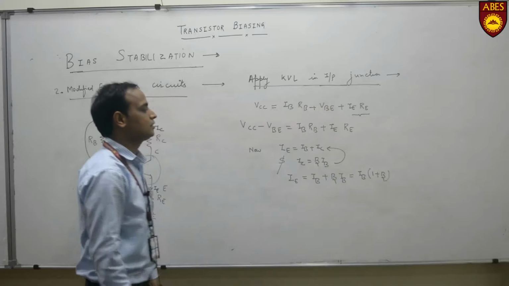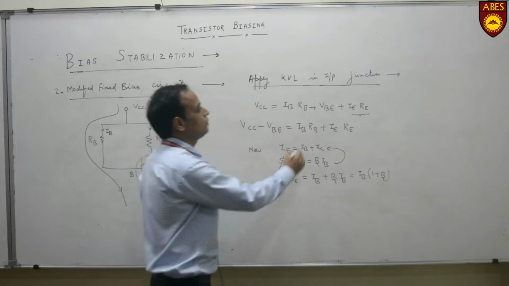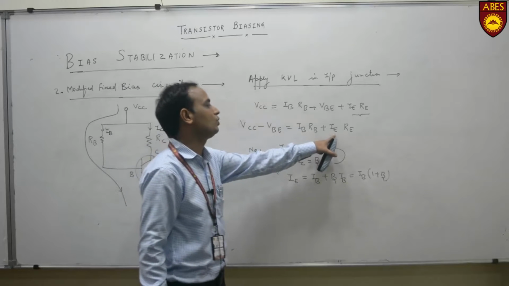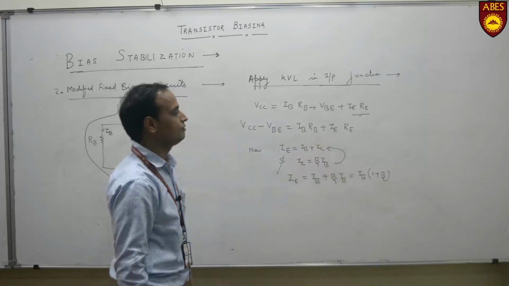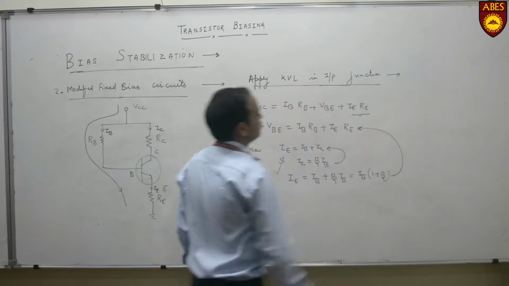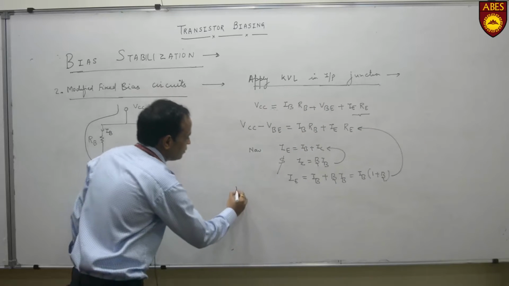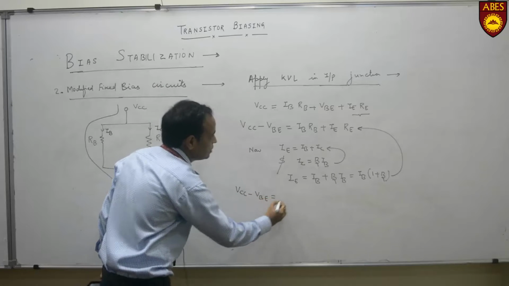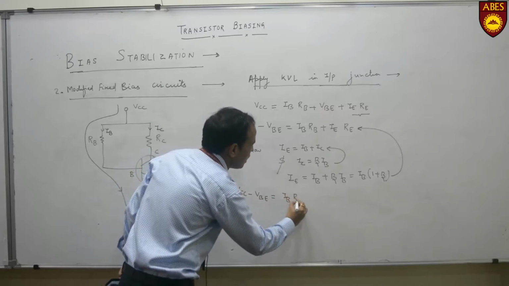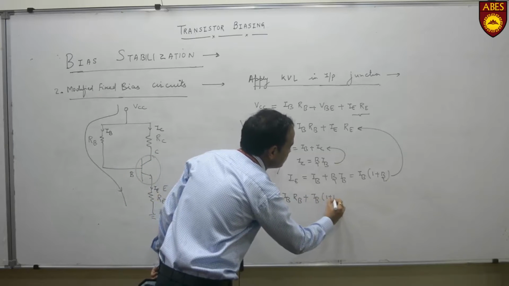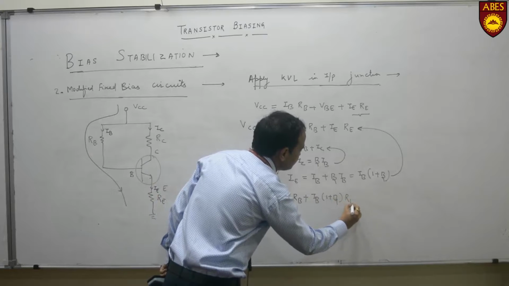Now why have we done this? We have tried to simplify this expression so that it has a variable of IB only, so that I can easily find the value of IB. Now I put this value of IE into this expression. VCC minus VBE is equal to IBRB plus IB times 1 plus beta RE.